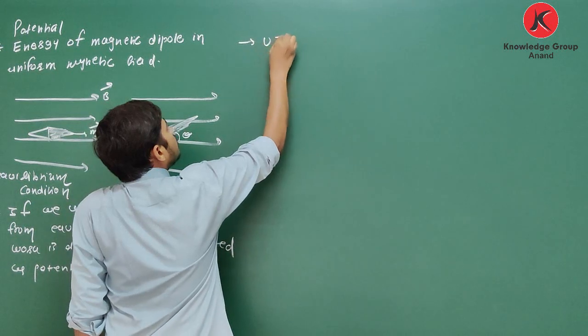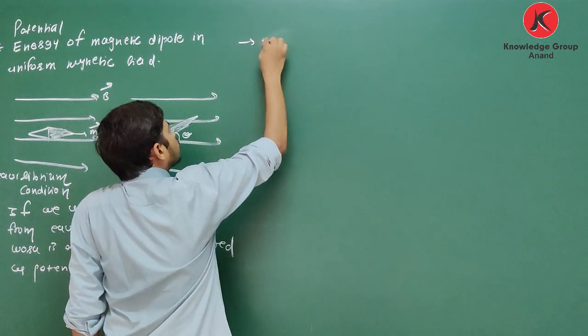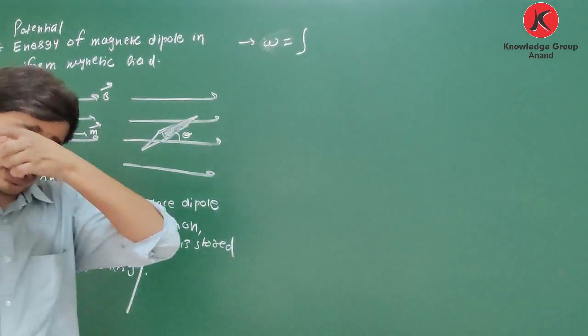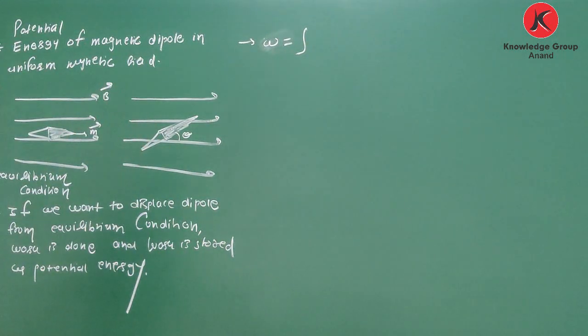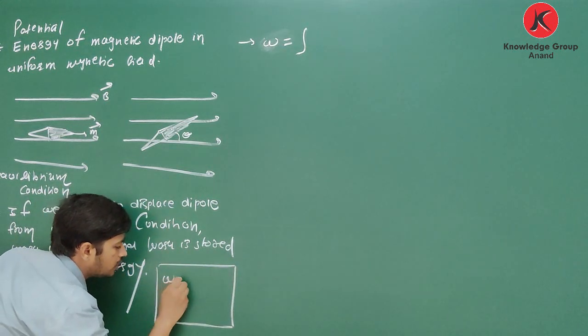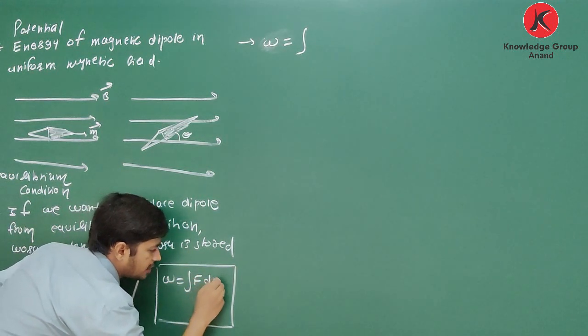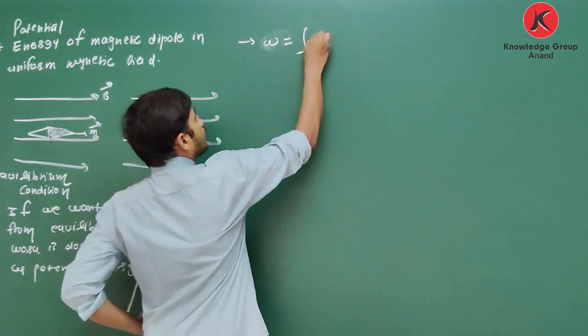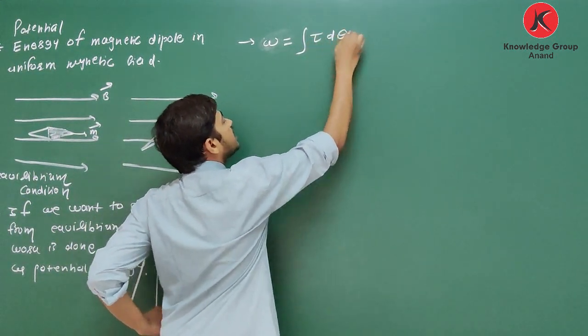So U is equal to W. Yes, you know what integration is and the equation of work. For linear motion, work W is equal to integration of F dx. For rotational motion, what is the equation of work? W is equal to integration of tau d theta.